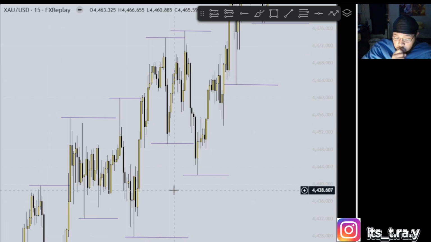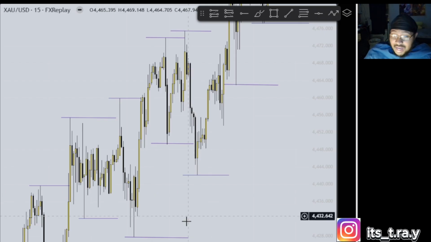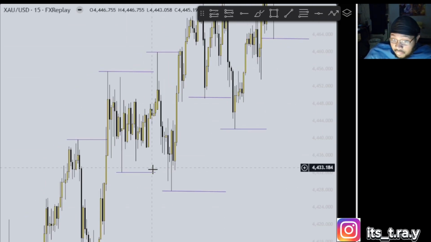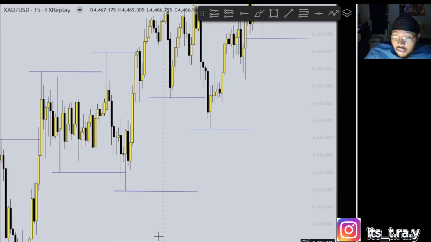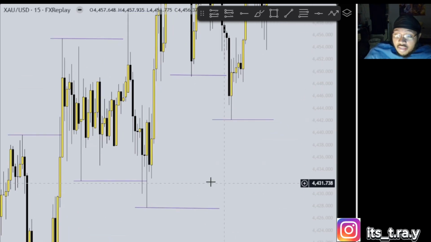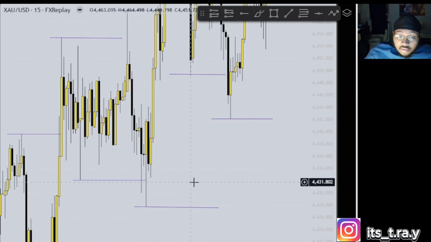Now, going back to our break of structure thing, it is only a true break of structure whenever you have a candle body close past it. And I see two great examples of when it is a break of structure and when it's not. So right here, for example, on this low, this is not considered a break of structure because, as you can see, all price did was wick past through this.